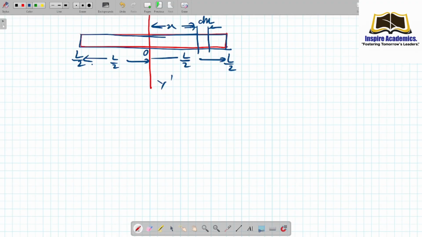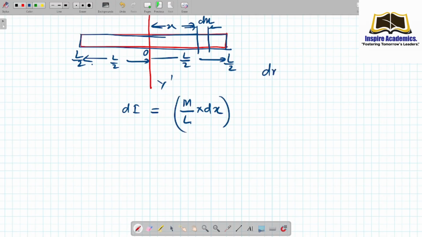Okay. So what will be my dI? dI would be mass. What will that be? M upon L will be unit mass, into dx, that would be your dm.